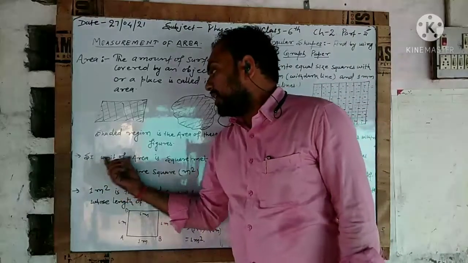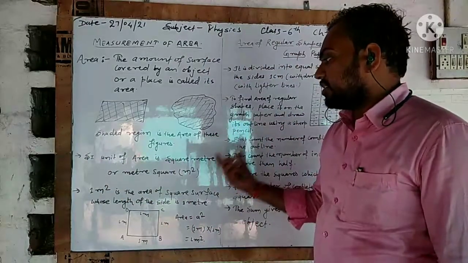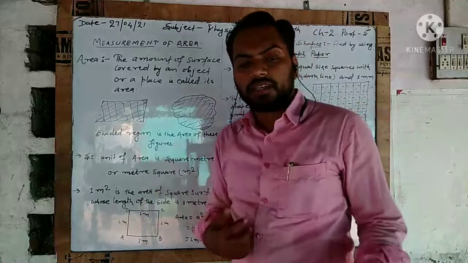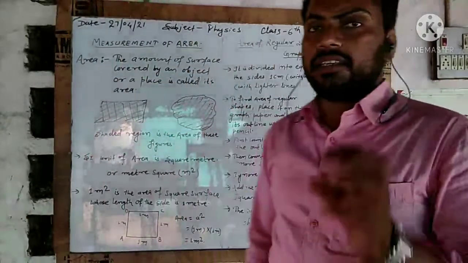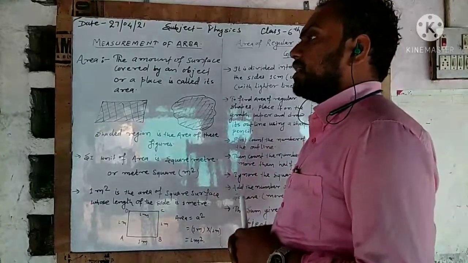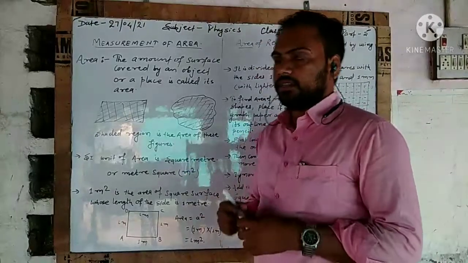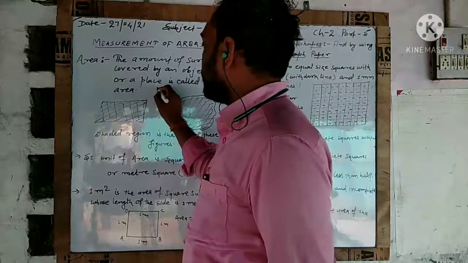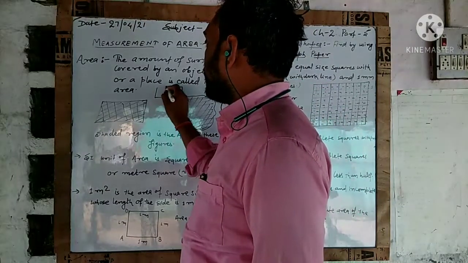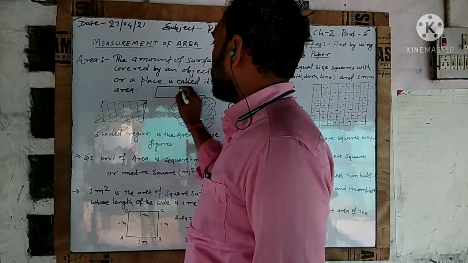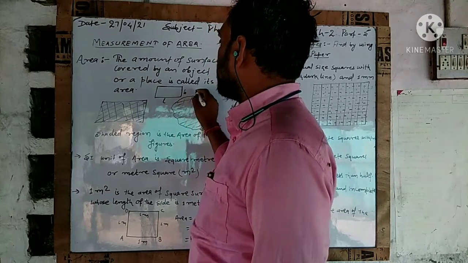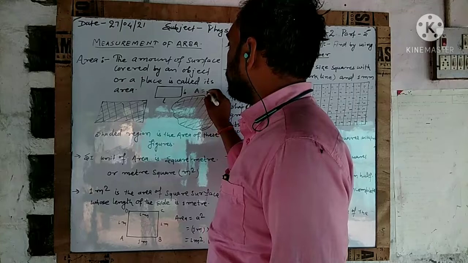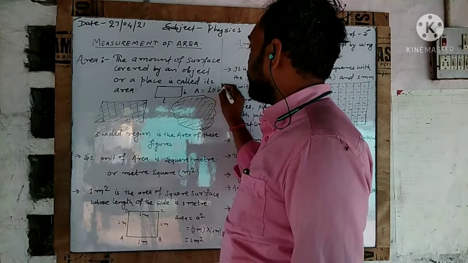Next, the SI unit of area is the square meter. From where does the square meter come? The basic thing you have learned in mathematics, the area of a rectangle. A rectangle is a surface having length and width. Its area is equal to length into width.